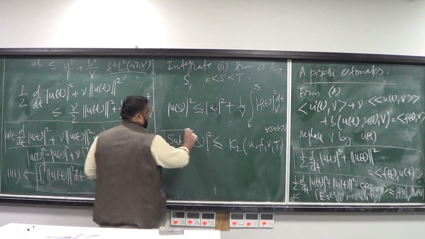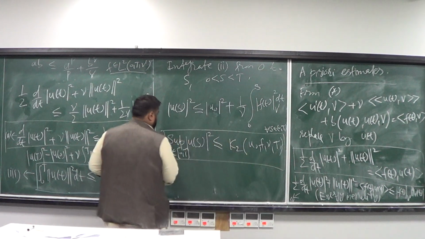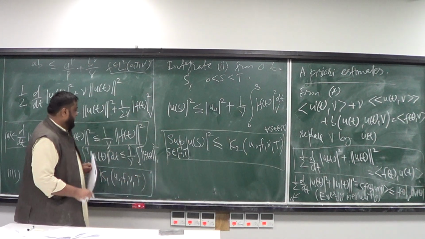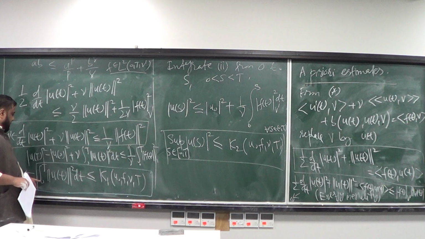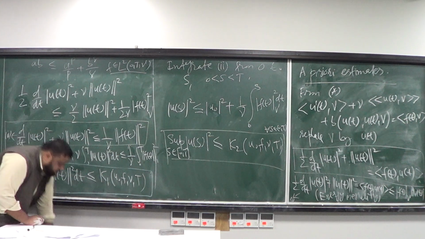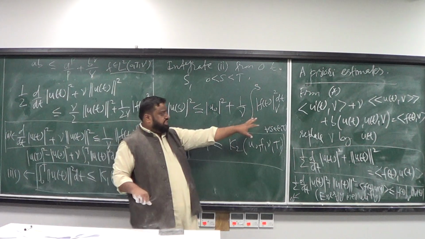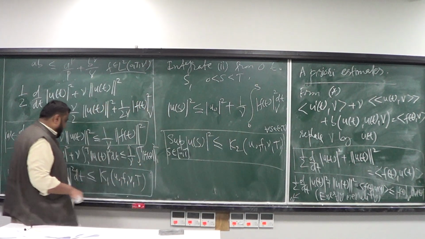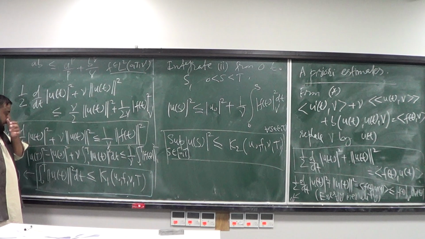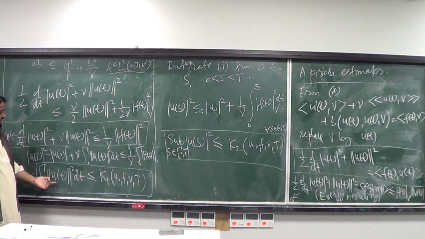Let me point this out. This inequality is telling you that every u that satisfies the Navier-Stokes equation in the weak sense is also square integrable with values in V, because this is the V norm, uniformly.